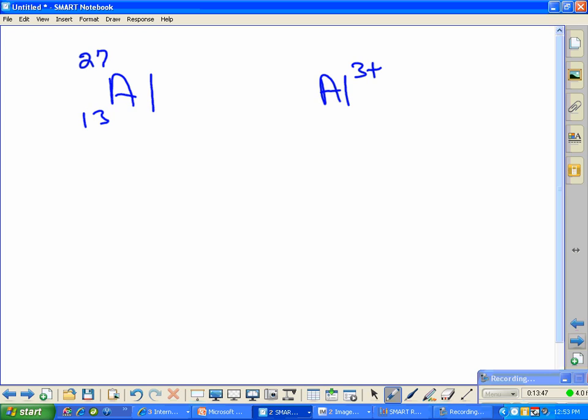Okay? Let's do the protons, neutrons, and electrons. How many protons? Let's see. He's still going to be 13 and 27, because when we form an ion, it doesn't affect protons or neutrons. It just affects electrons. Okay, how many protons do we have? Same as the atomic number.